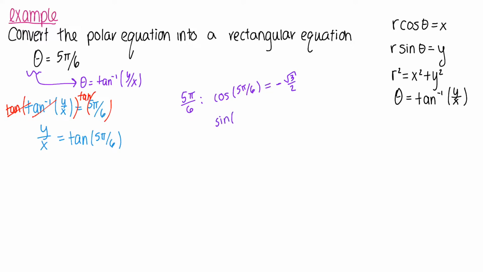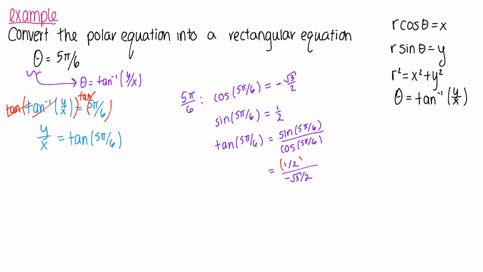Sine of 5 pi over 6 is going to be positive 1/2. That means that tangent of 5 pi over 6 is going to be sine of 5 pi over 6 over cosine of 5 pi over 6. So 1/2 over negative root 3 over 2.